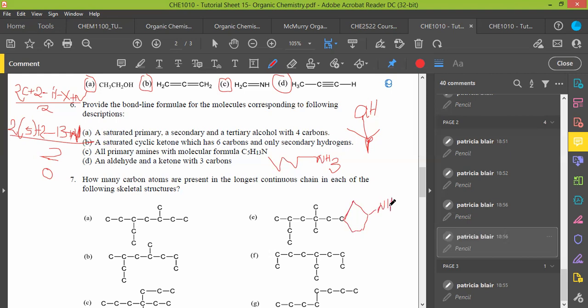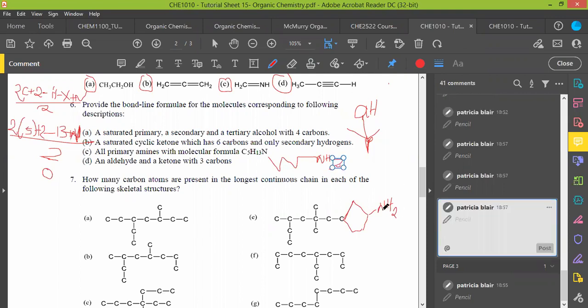This amine will still be a primary amine. CH2 there, sorry, CH2. So this will still be a primary amine. Why a primary amine? Only one carbon atom is directly attached to the nitrogen atom.